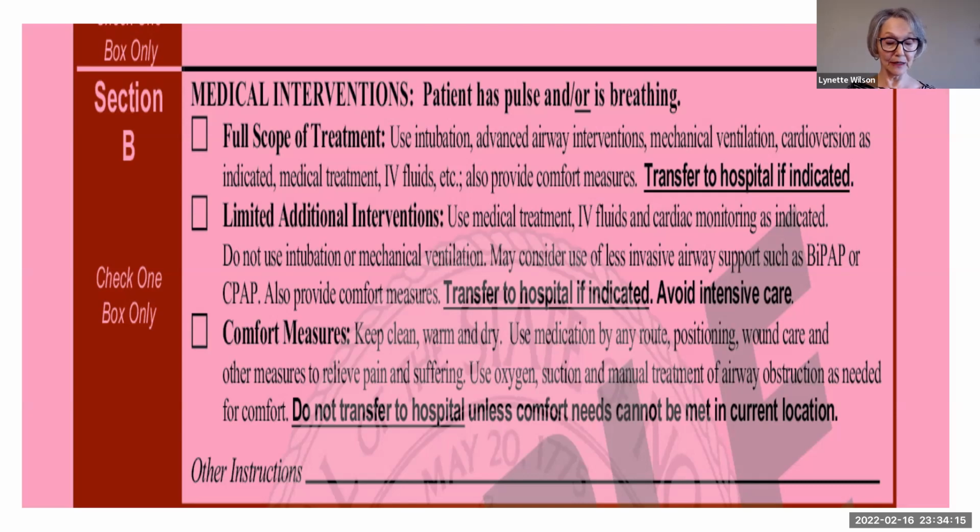That includes calling 911, putting in that tube that goes to the lungs, maybe putting them on a mechanical ventilator or a breathing machine at the hospital, using those shocks to either stop an erratic heart rhythm or to restart a heart, giving IV fluids, transferring to the hospital, admitting to ICU if that's indicated.